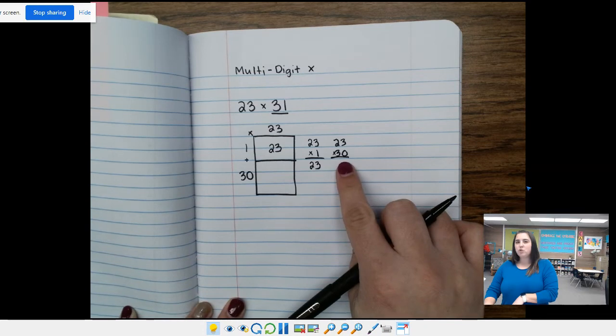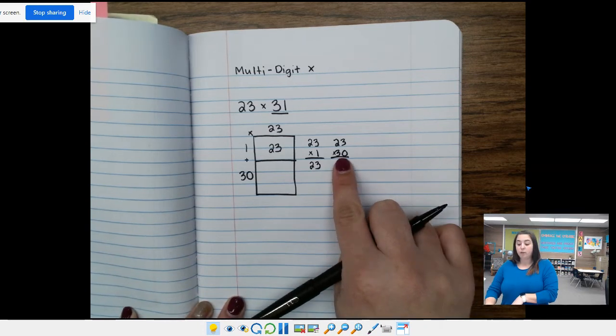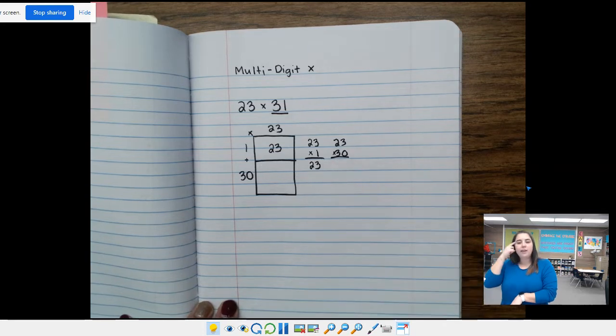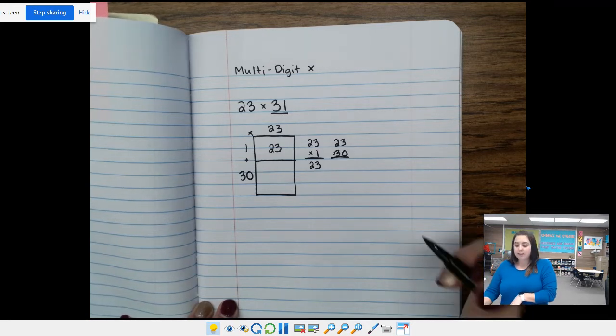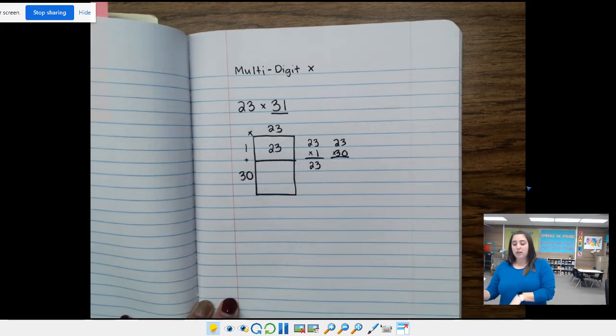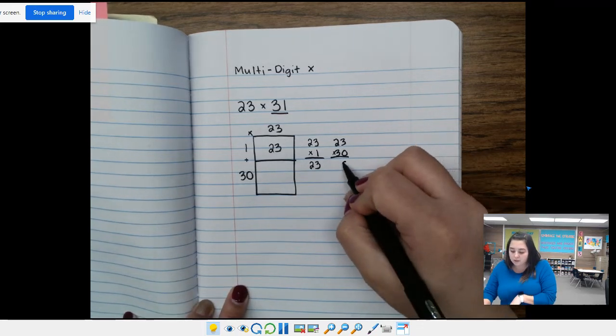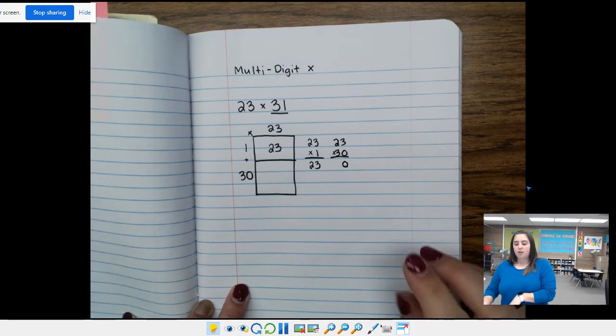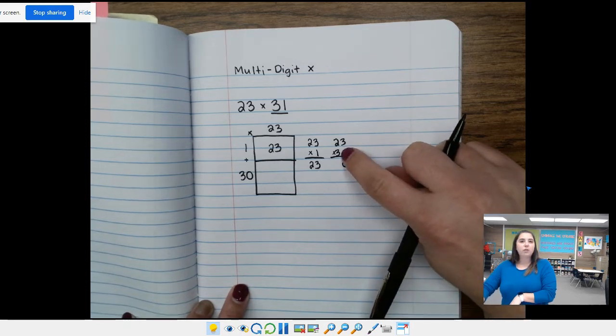This one's a little bit trickier, but here is my trick. Remember, we did this yesterday in the fluency. 30, I could think of as 3 times 10. And I know whenever I multiply by 10, I just add a 0. So if I want to ignore that 0, all I have to do is write it in the bottom. Then I could just multiply by 3.